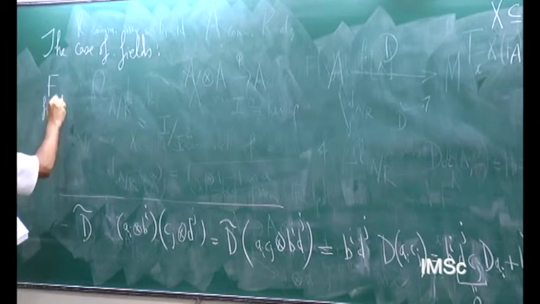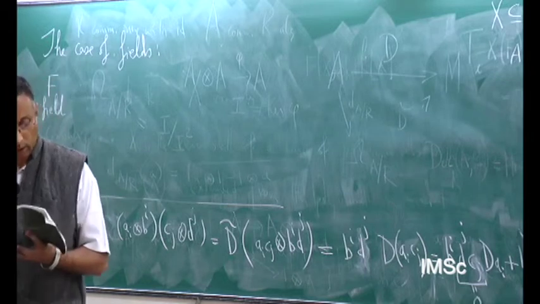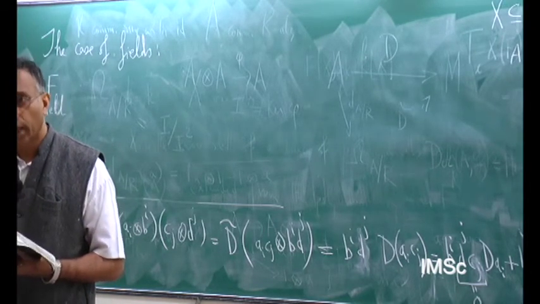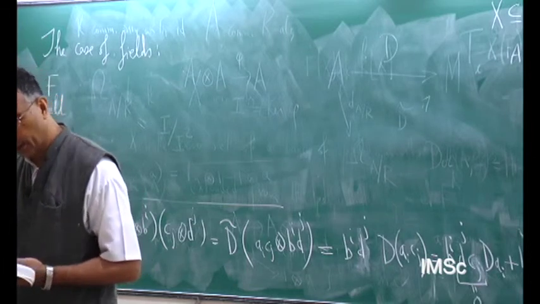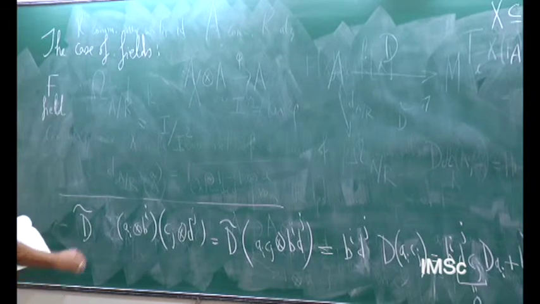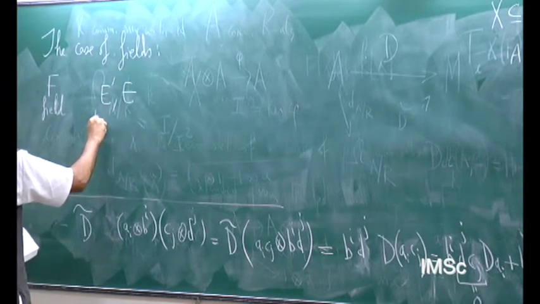Instead of K, I guess the notation now is F, because there is no assumption of algebraic closure that is required, perhaps that's the reason. And E prime and E are two extensions of finite type.